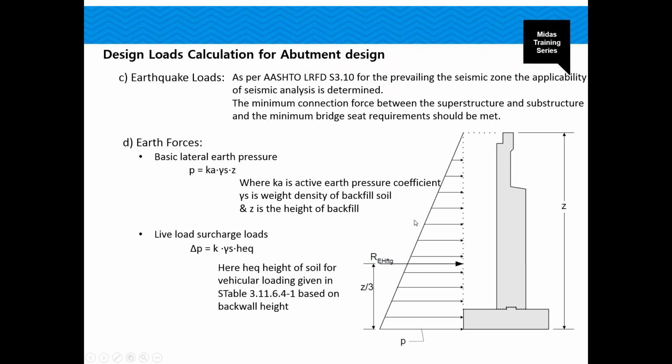So this calculation is done for the backfill height, for the stem height, as well as for the footing height, 3 times. So the same thing is repeated for the live load surcharge load also. So for live load surcharge, the H equivalent is given by the code. So in case of AASHTO code, it's given in the table 3.11.6.4-1. So it's given based on the backfill height.